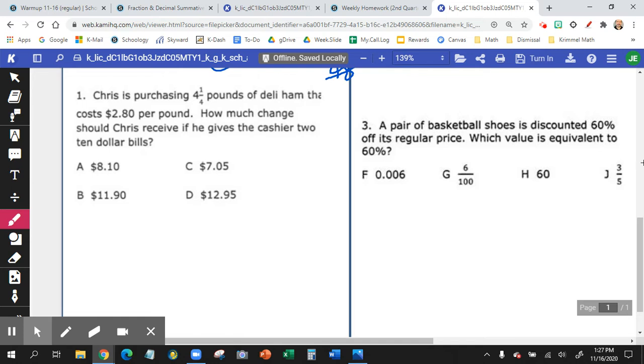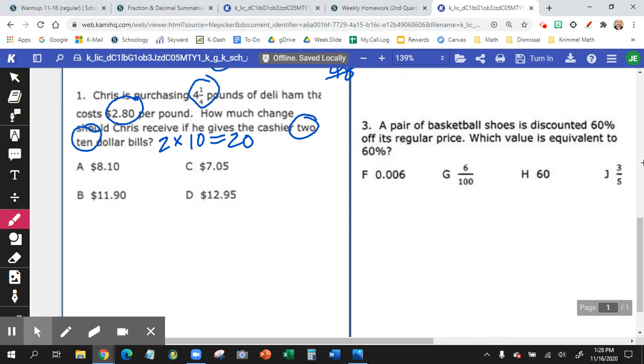So we have a fraction and we have a decimal here. Chris is purchasing 4 1/4 pounds of deli ham that costs $2.80 a pound. How much change should Chris receive if he gives the cashier 2 $10 bills? 2 times 10 is 20.